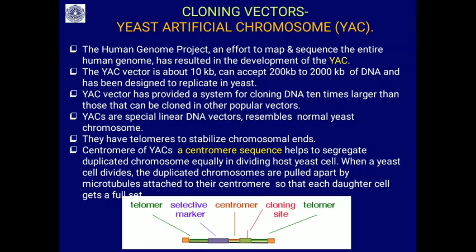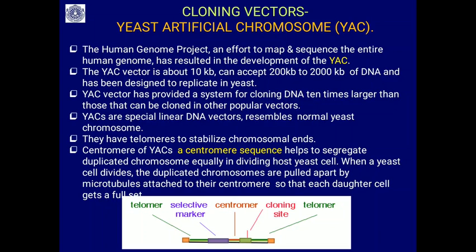These are designed because we can insert very large human genes into this vector; that's the advantage. This effort to map and sequence the entire human genome resulted in the development of the yeast artificial chromosome, because other vectors have a limited size of DNA that can be inserted, which is a disadvantage.